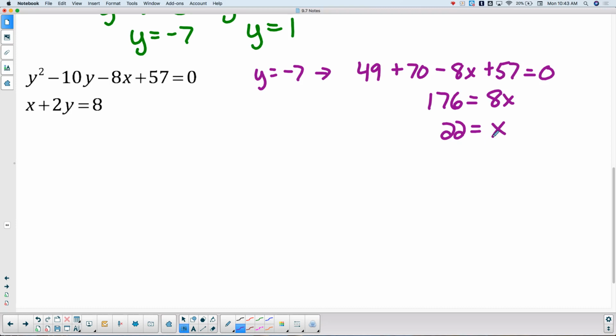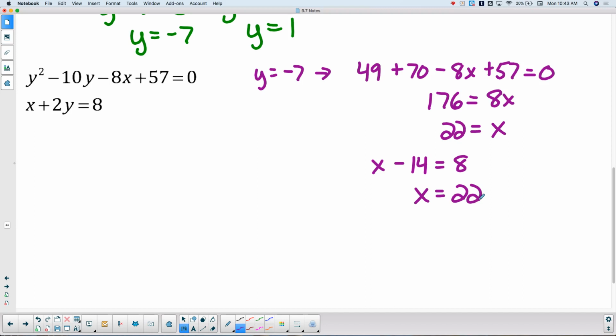Okay. Plug it into the other one. X plus 2 times negative 7 is negative 14 equals 8. x equals 22 there also.